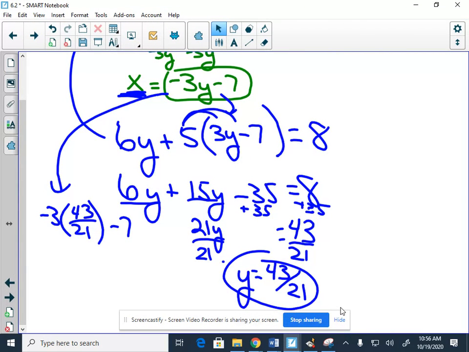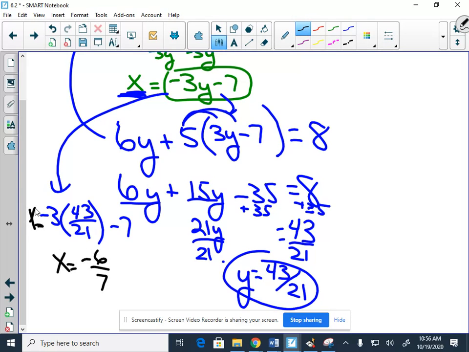So the solution to this one, this would be x equals negative 6/7 and y equals 43/21. Kind of a strange point, but we did have some in the graphing ones that turned out to be decimals. You could make those decimals as well.